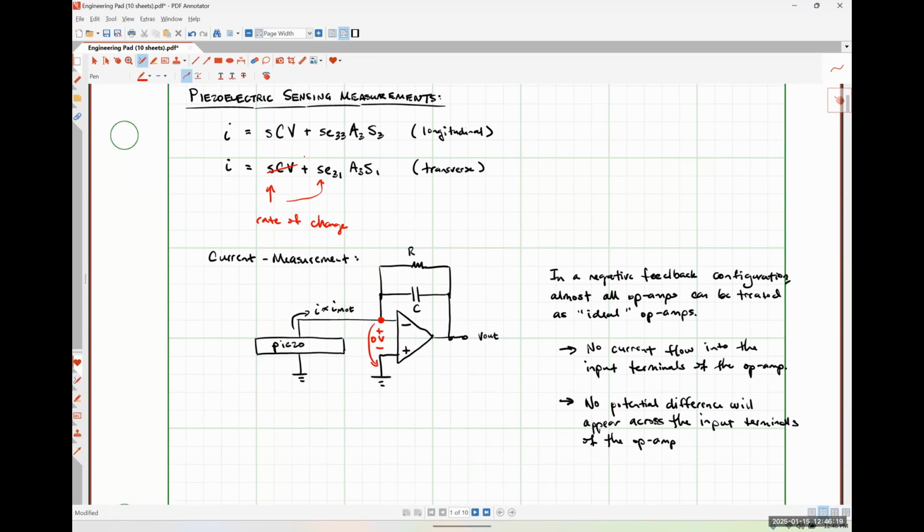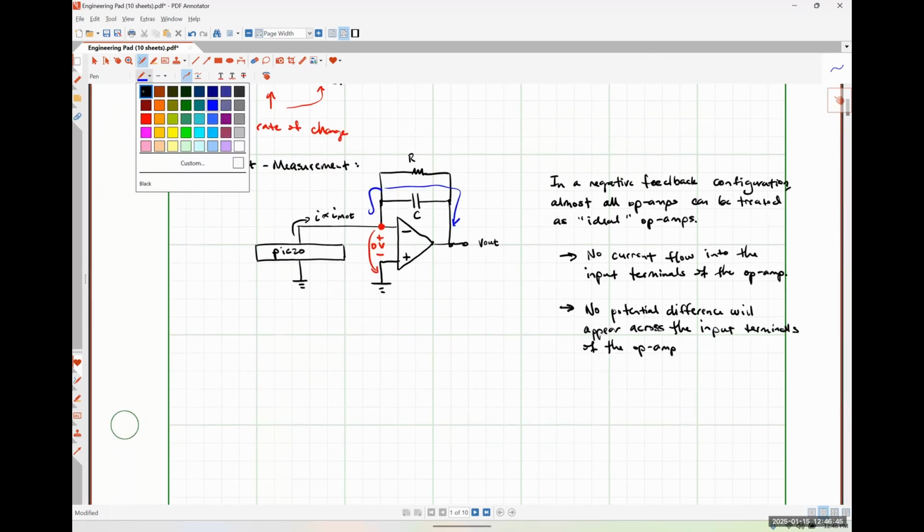So we are only left with our motional current that is due to the piezoelectric effect. Okay. So all of that motional current is going to wind up flowing through that parallel RC combination. Okay.